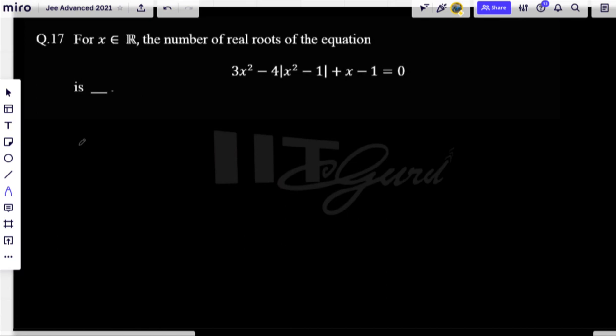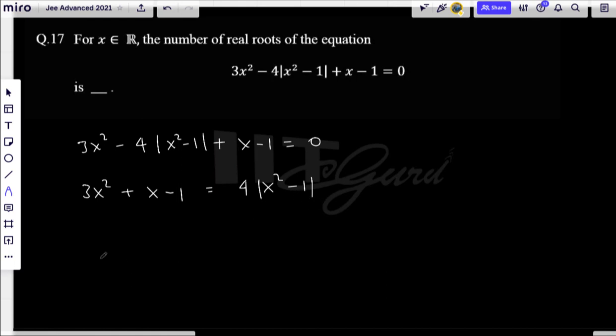There's 3x square plus x minus 1, minus 4 times mod of x square minus 1, equal to 0. We write it like this, and on transposing the mod portion to one side, that is 4 times mod of x square minus 1.